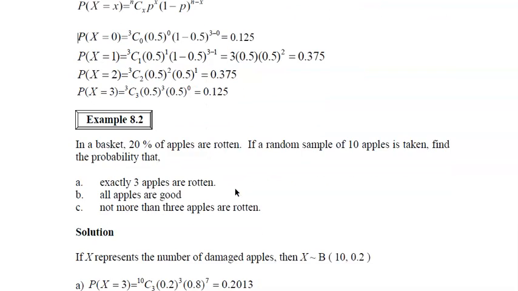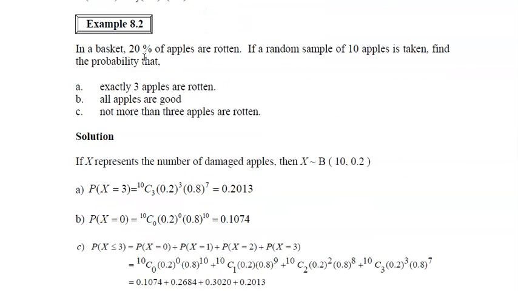Let's proceed. Example 8.2: in a basket, 20% of all apples are rotten. If a random sample of 10 apples is taken, find the probability that exactly 3 apples are rotten, all apples are good, and not more than 3 apples are rotten. In the first place, you need to define X. X represents the number of damaged or rotten apples.